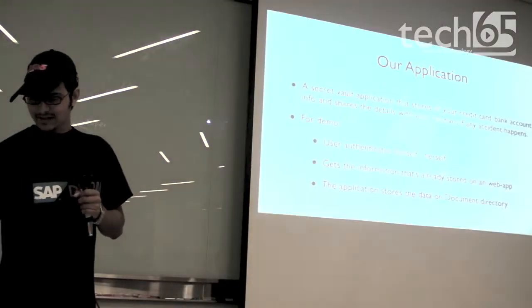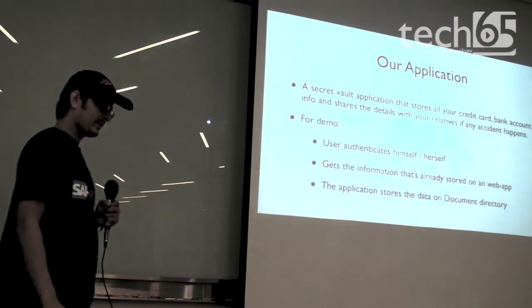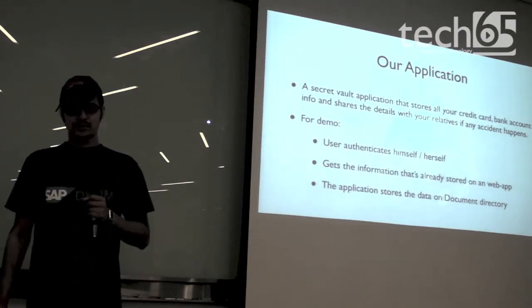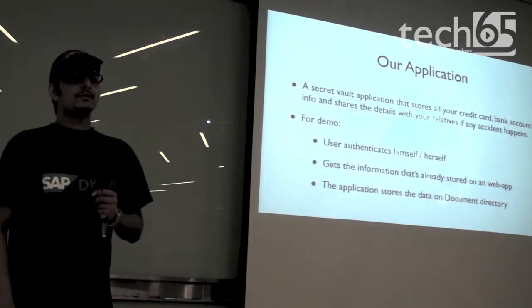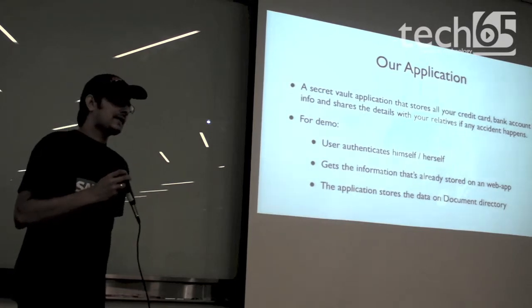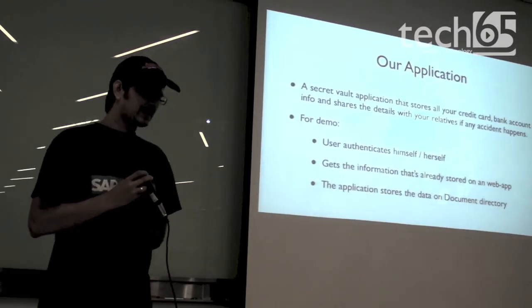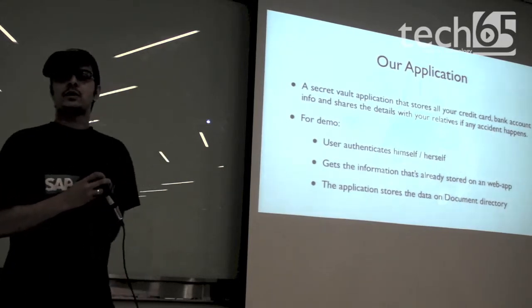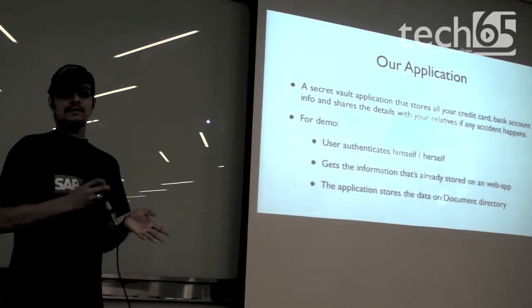The application that I'm going to showcase today is a very, very simple application. I heard about this application called Fireport or something. Basically you store all your information, your credit card information or your bank detail information, in one place.